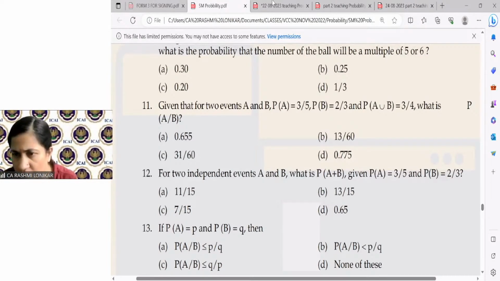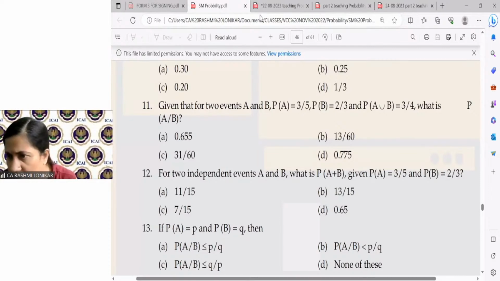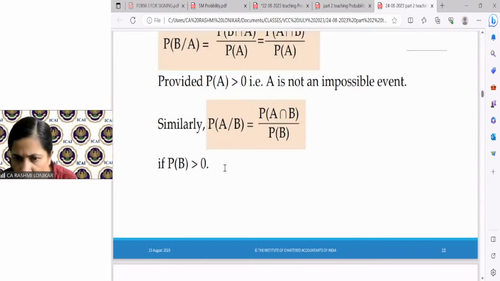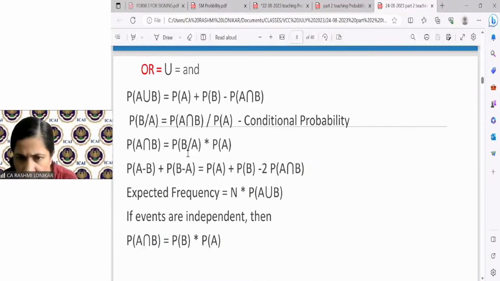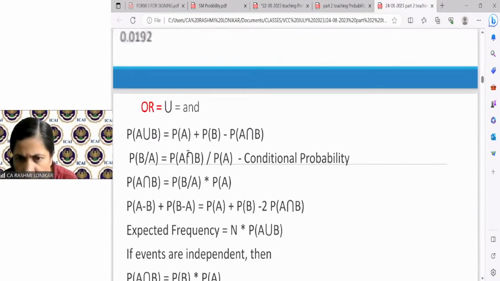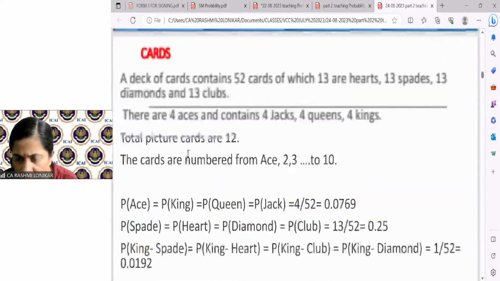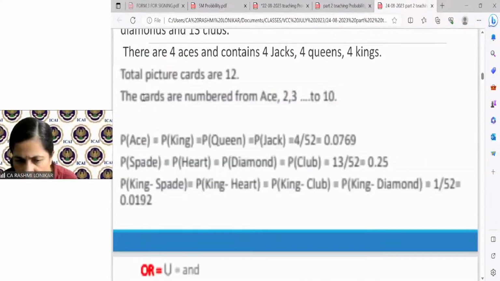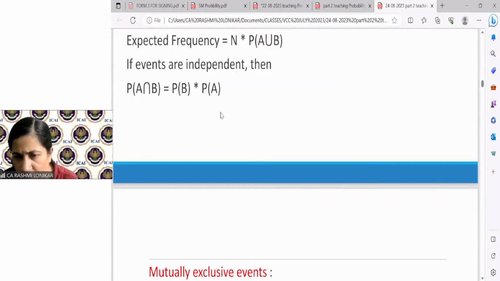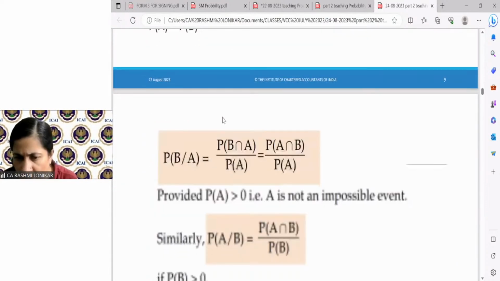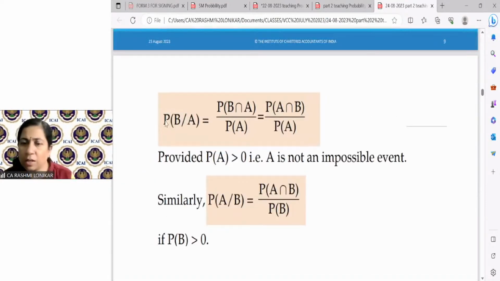So you have to just not use the other thing. This is what you will be using when they are independent. P of A intersection B will be P of B into P of A. Now, P of B given A is given by P of B intersection A upon P of A, and it is also equal to A intersection B upon P of A. So you can write B intersection A or A intersection B. Answer will be the same.